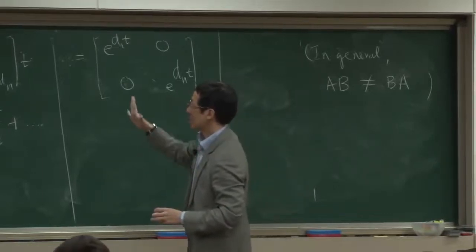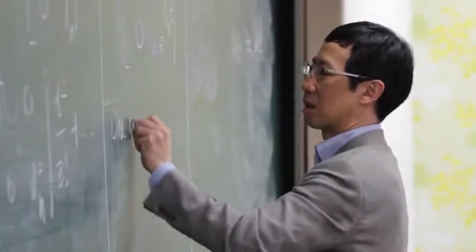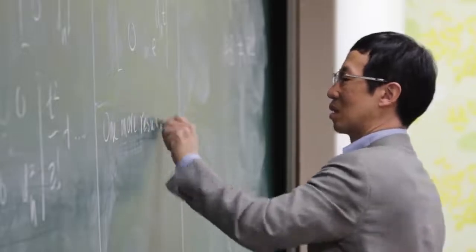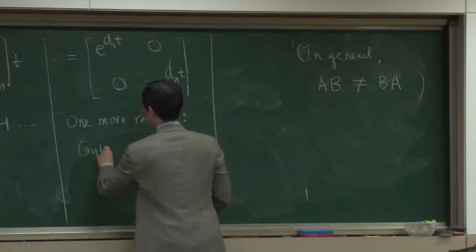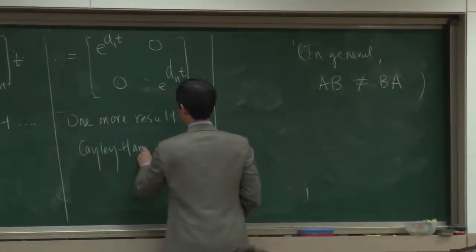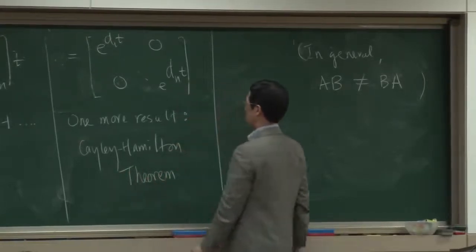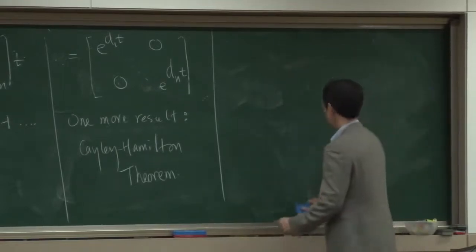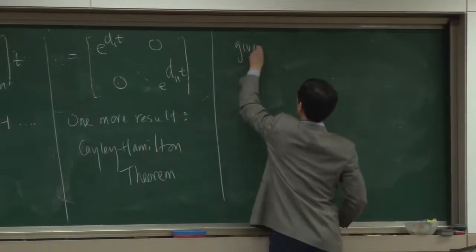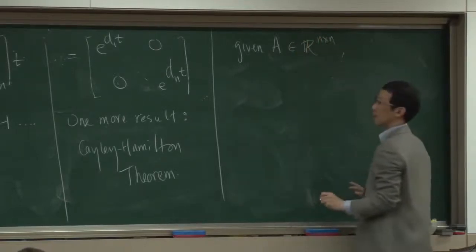All right. So one more result we need, and this one we're not going to prove. It's called the Cayley-Hamilton theorem. Given some constant n by n matrix A, consider its characteristic polynomial.